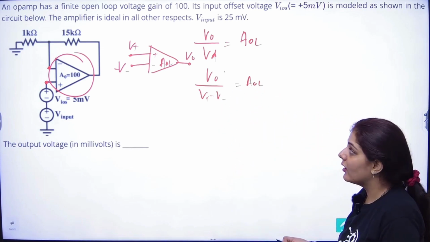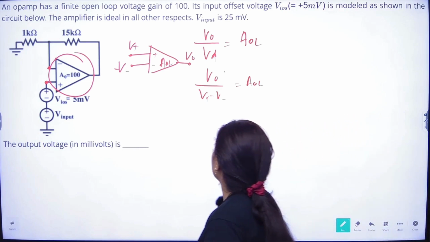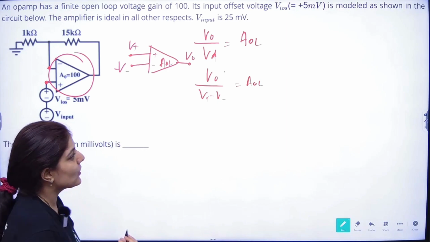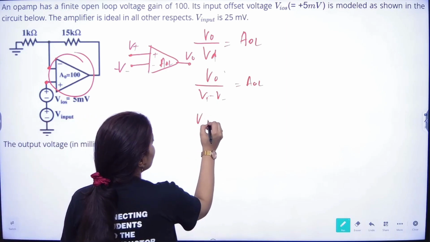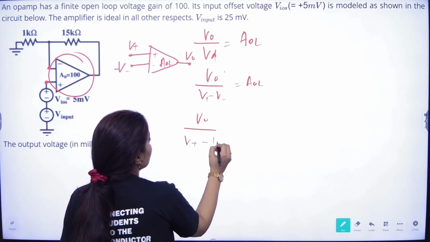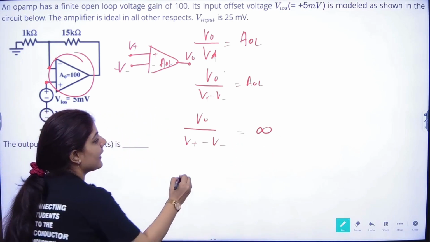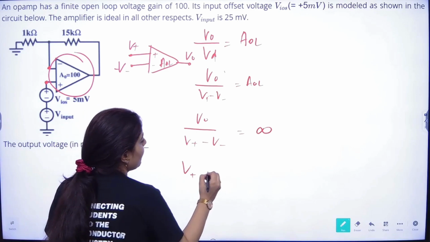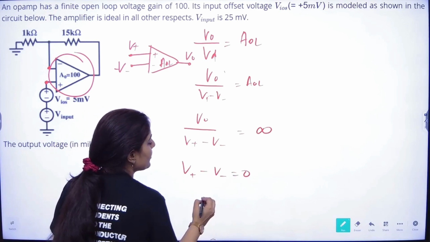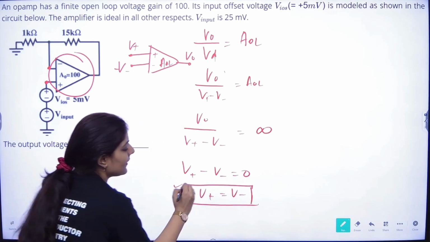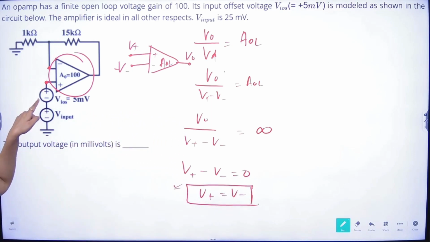This is how we always write it. Now we know that the open loop gain of an ideal op-amp is infinite. In this case, I can say directly that V positive minus V negative will be equal to 0.